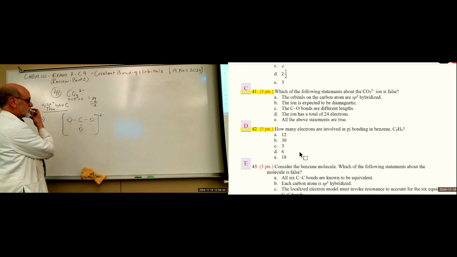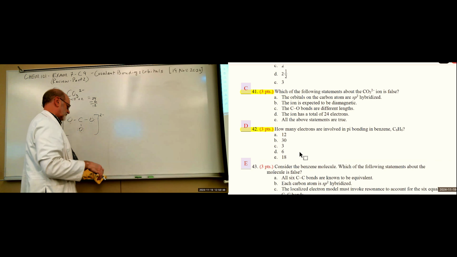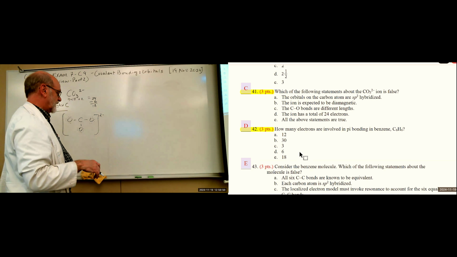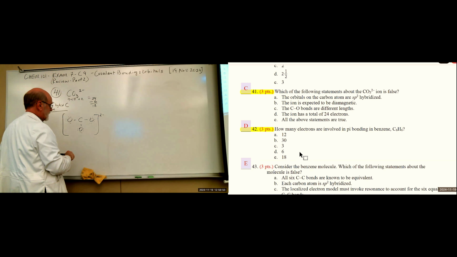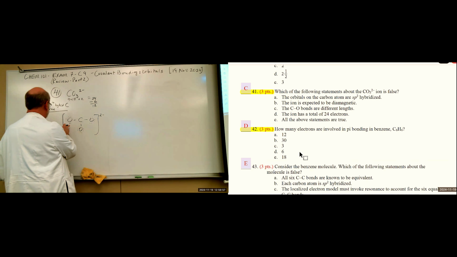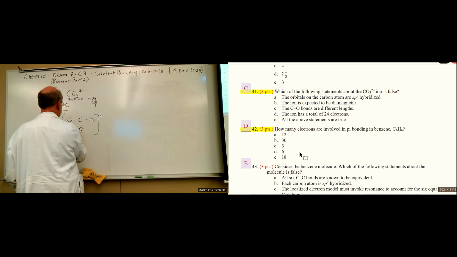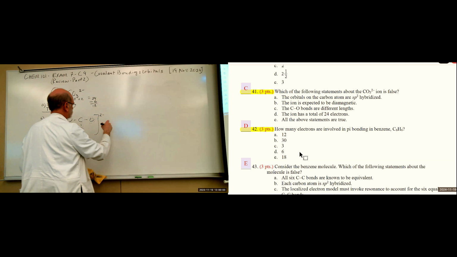We have no unpaired electrons in there. But if we drew the molecular orbital for this, I'm going to try and use only the valence electrons. So we have 24.